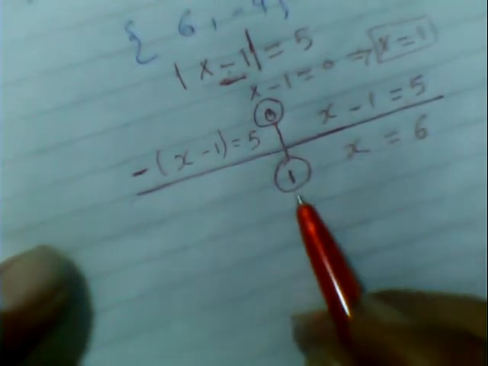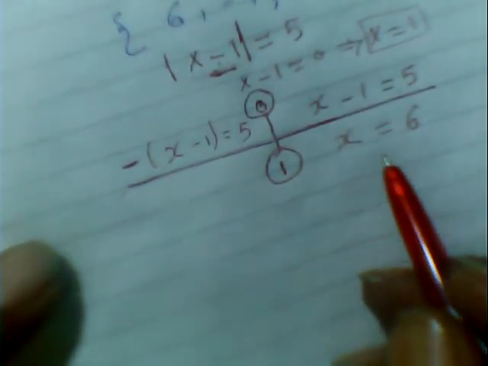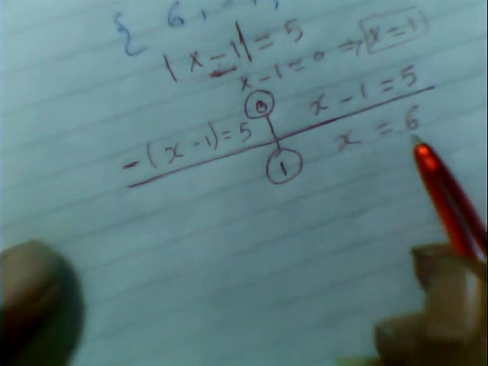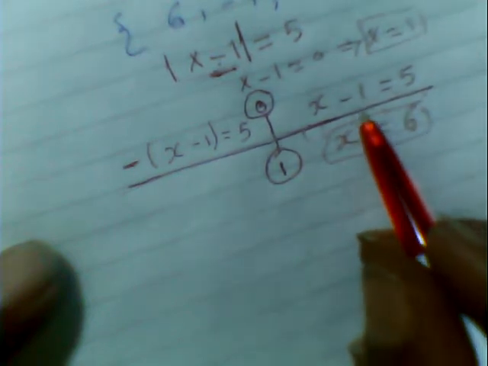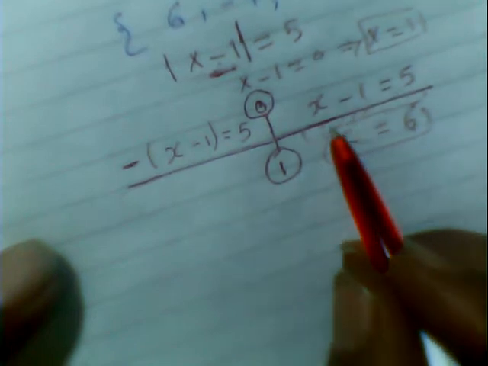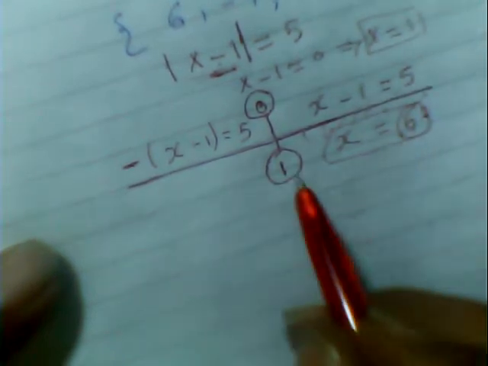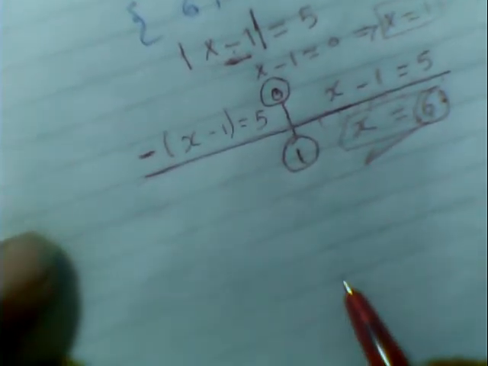And before we leave this solution, we test it. Is x equal 6 in this interval? Is 6 an element of the right hand side? Yeah, 6 is bigger than 1, so this is a solution.